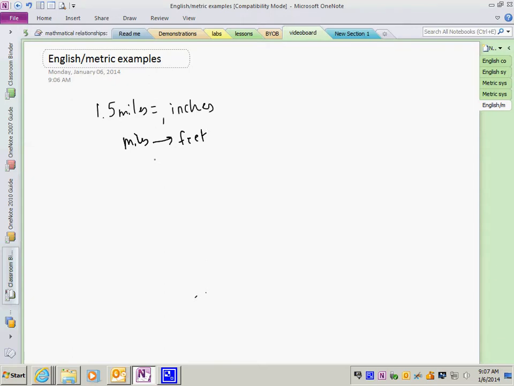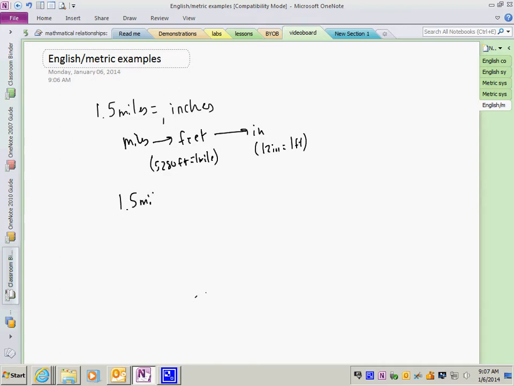I'm going to use 5,280 feet equals 1 mile. And then I'm going to go from feet to inches. Of course, we know that there are 12 inches in 1 foot. So these 2 conversions. Once I have this, the rest of it is simply following directions.